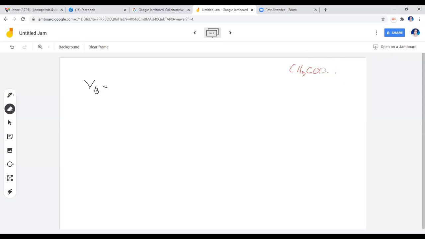So this is for our acetone. This formula will guide you in determining the molar volume at the boiling point.